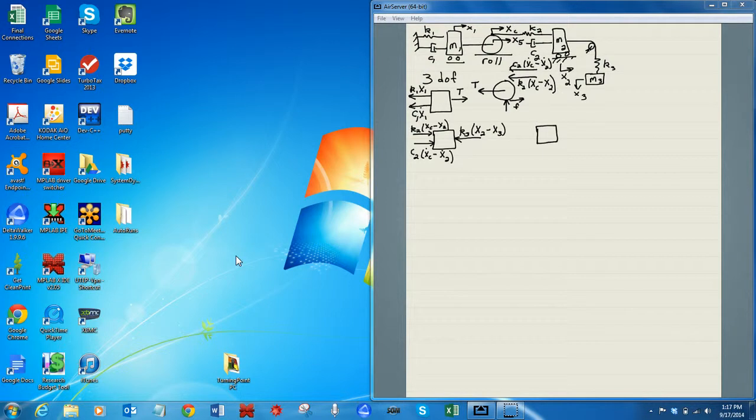Since everything's measured off of static equilibrium, I don't need to draw the gravity. So the only force I have is this one here, which is equal and opposite to the one from the previous box. So that's going to be K3 (X2 minus X3).